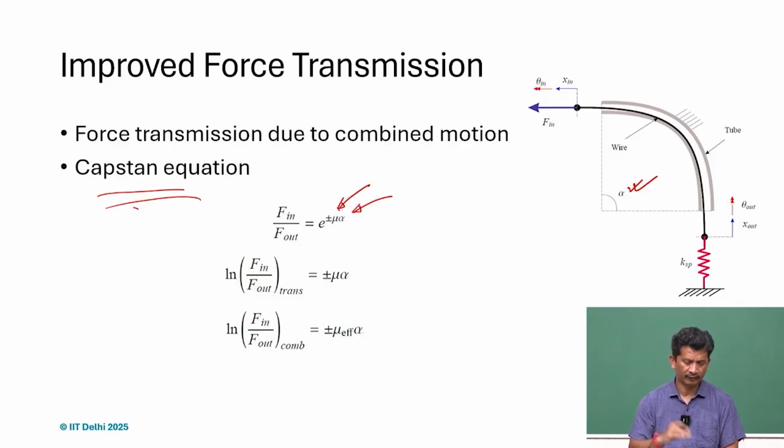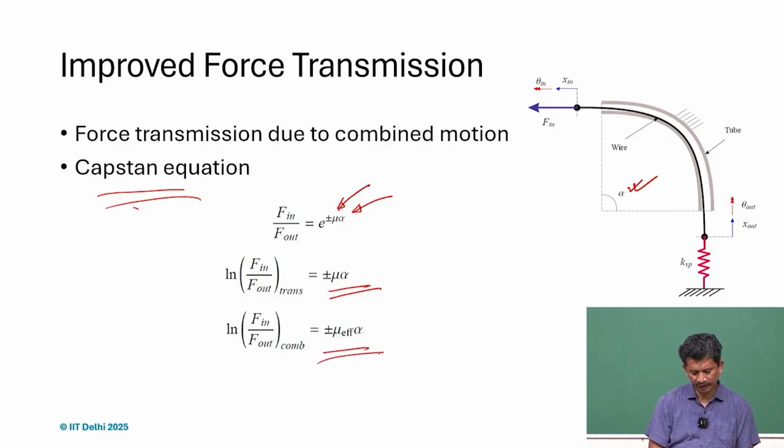F in by F out is simply e to the power plus minus mu alpha, depending on which way we are trying to move. If we take the log of this, we simply get plus minus mu alpha. When it is simply translating, with translatory motion, we can write it in that way, and when we combine, we just write in terms of mu effective, and alpha is still there.